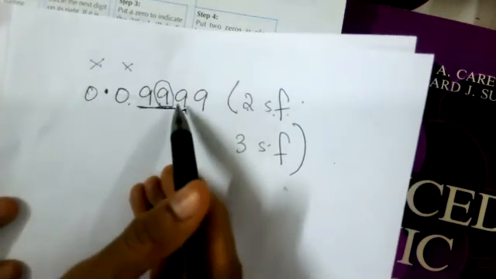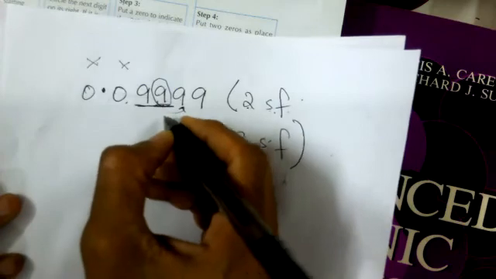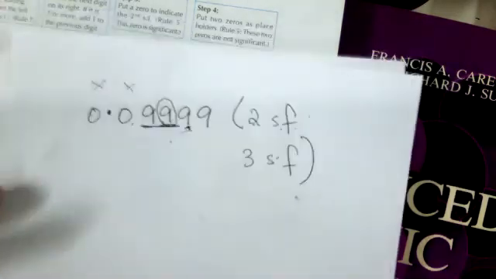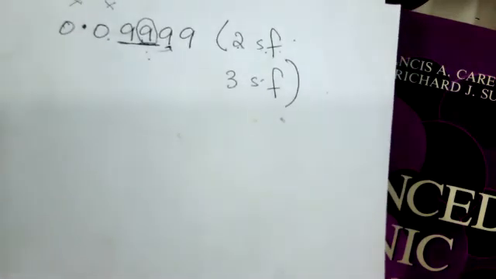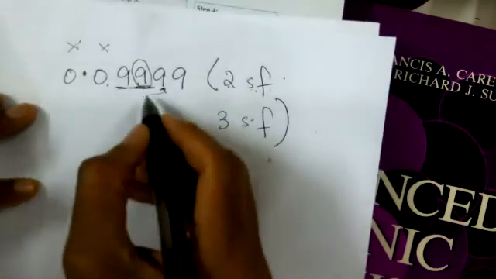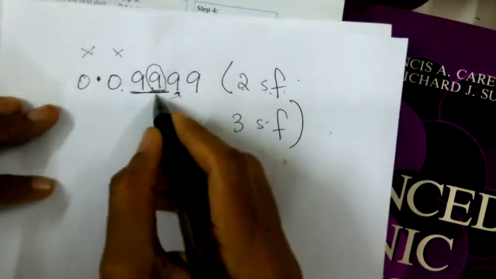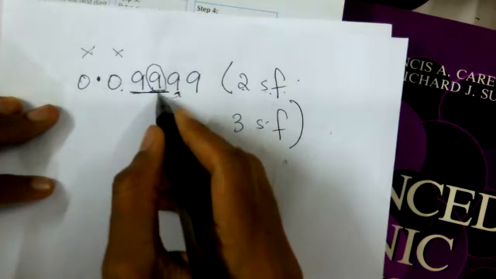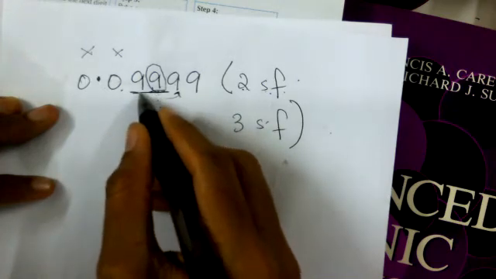This is greater than 5. Yes, Zores? You want to do this with me? Right. We are doing it by 2 significant figures. The first 2 significant figures from the left side are 2 9s.